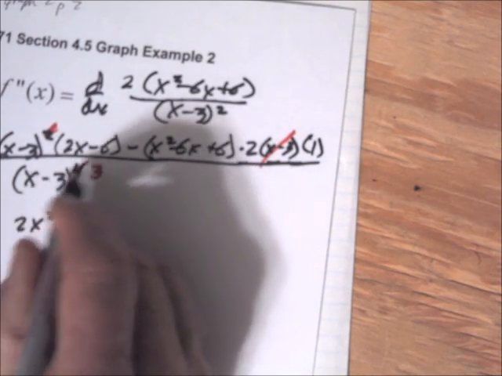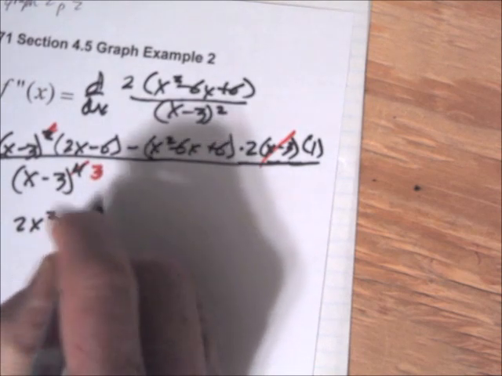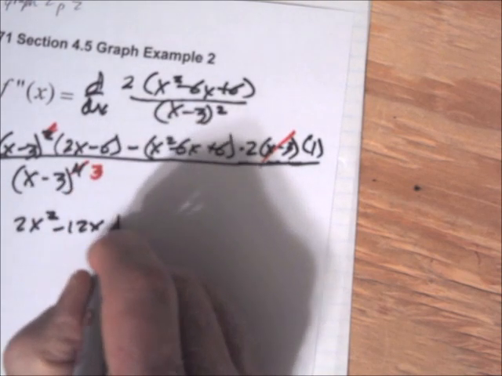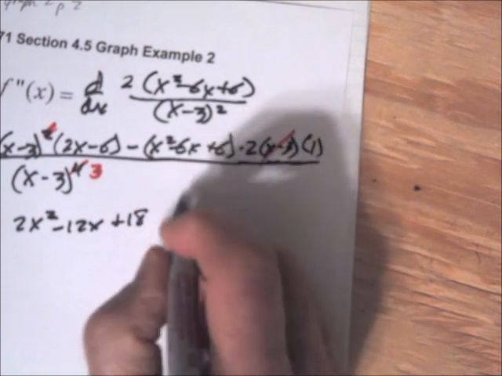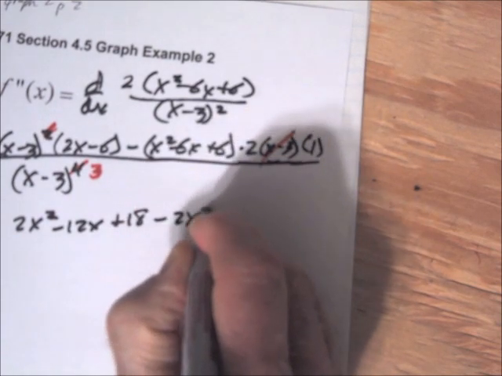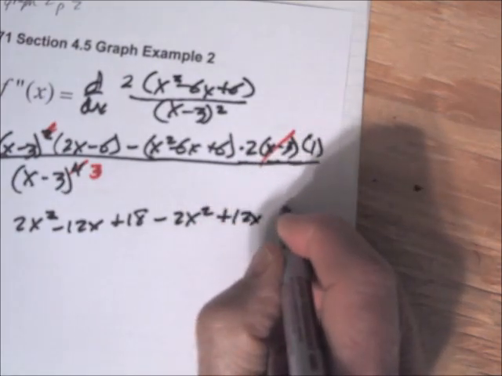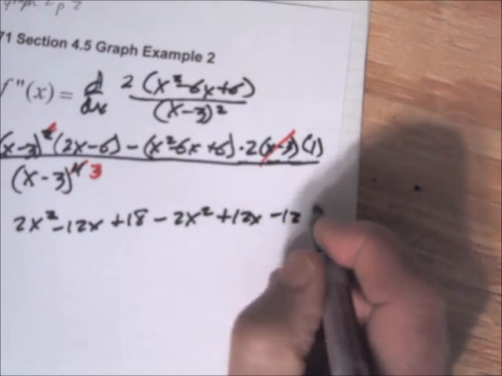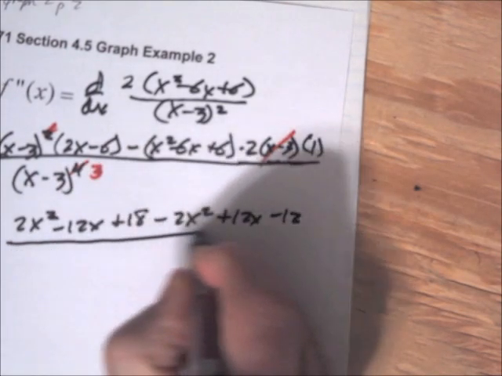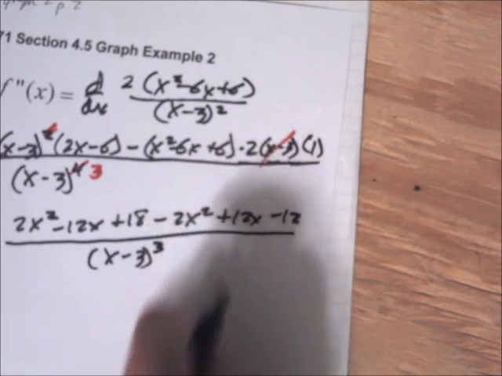The outer product is minus 6x, the inner product is minus 6x, that gives us minus 12x. Negative 3 times negative 6 is plus 18. Distribute the 2 and distribute the minus sign, so we'll have minus 2x squared plus 12x minus 12, all over (x minus 3) quantity cubed.